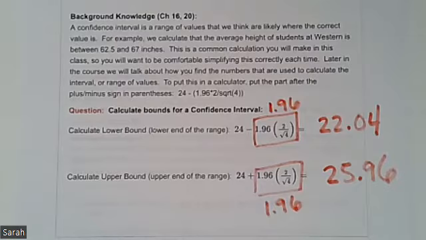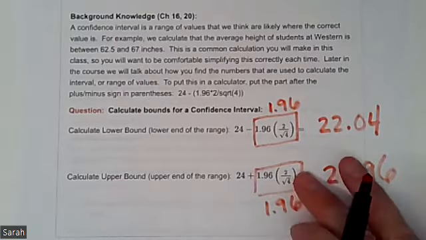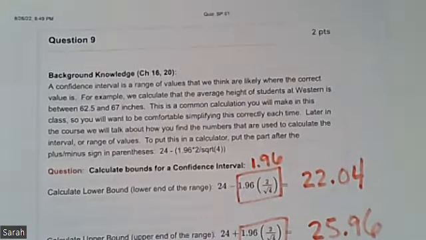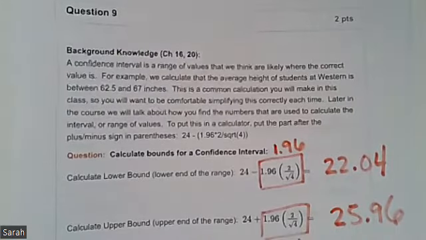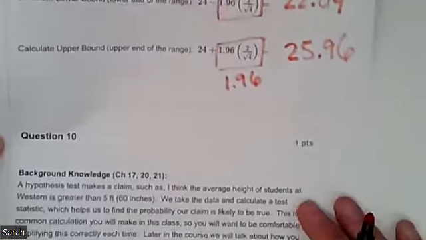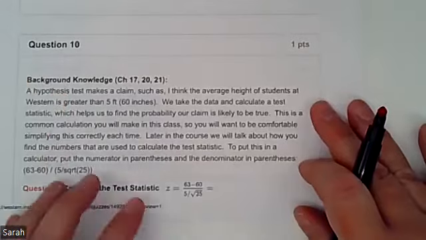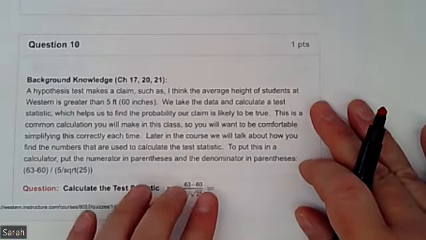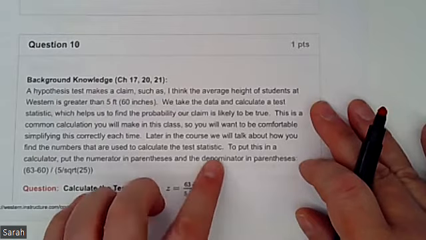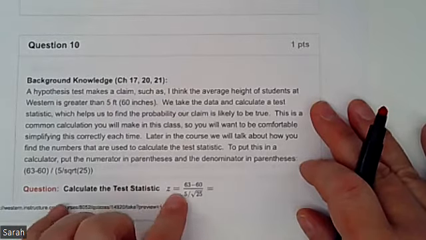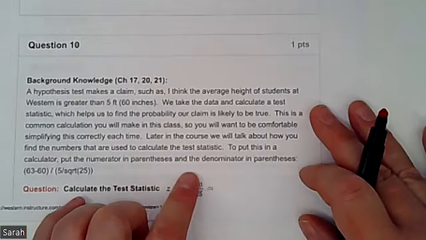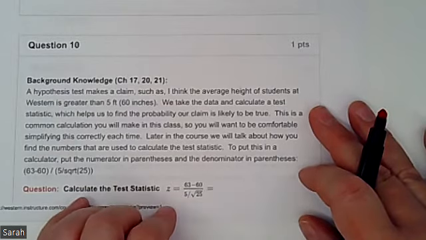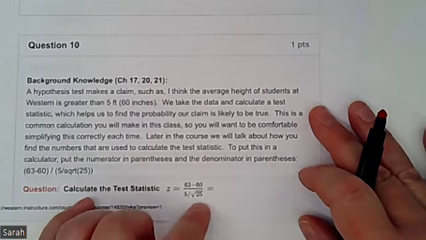All right, and last one that's going to have kind of a similar feel with this number over the square root here. We're going to calculate something called a test statistic. And so we have a 63 minus 60 at the top. So this is ultimately an order of operations simplification. So even though I'm calling it a test statistic, and that's what we'll ultimately use it for, I'm just asking you to do the math here.